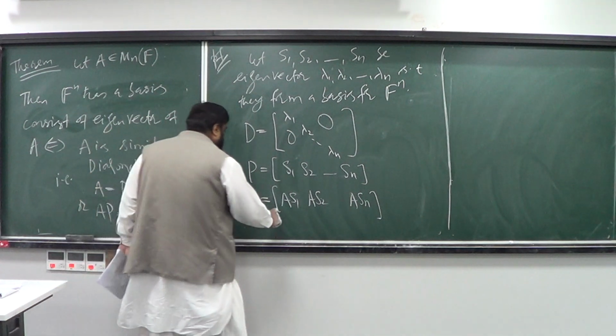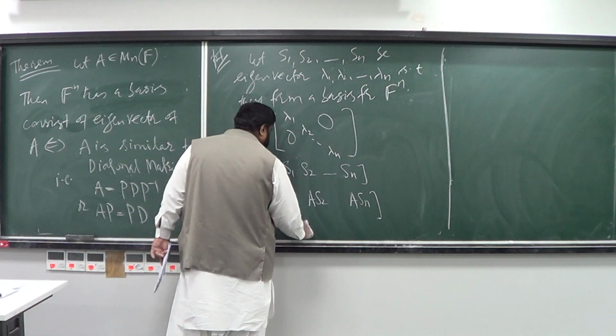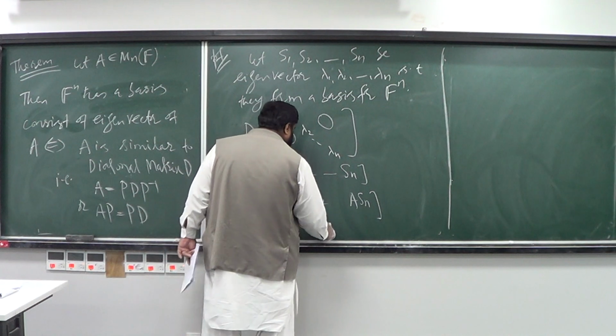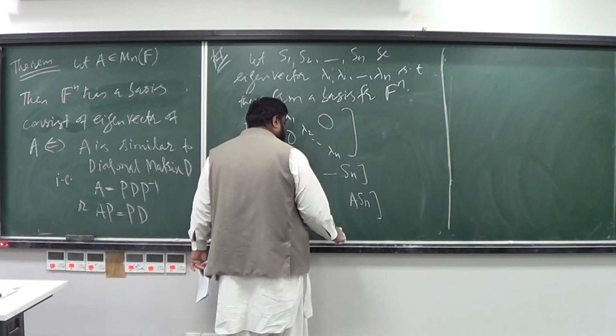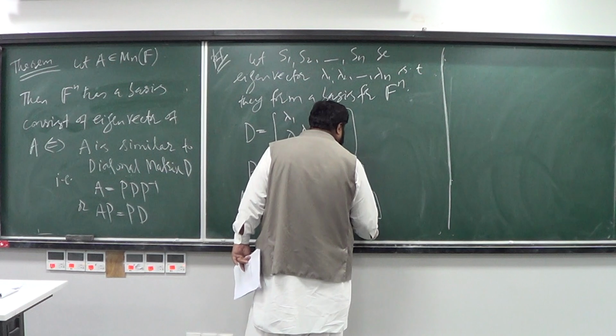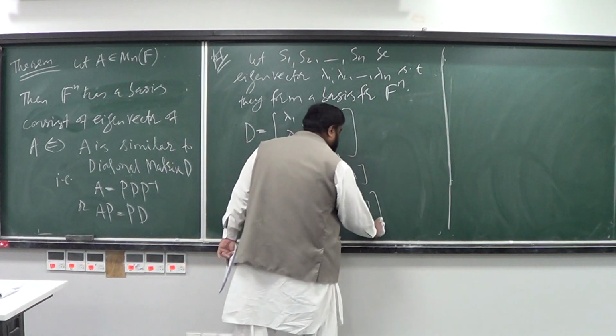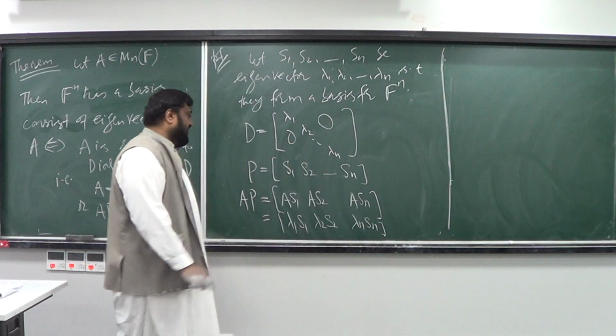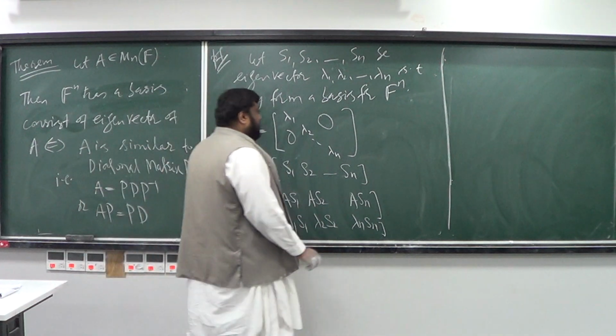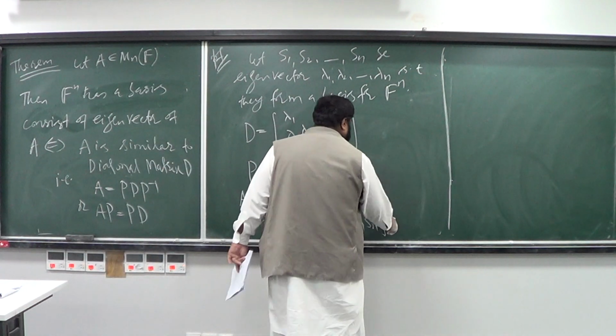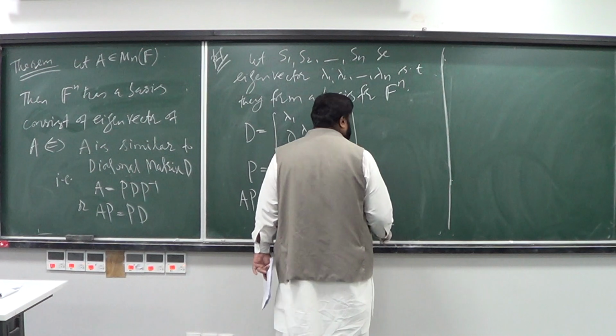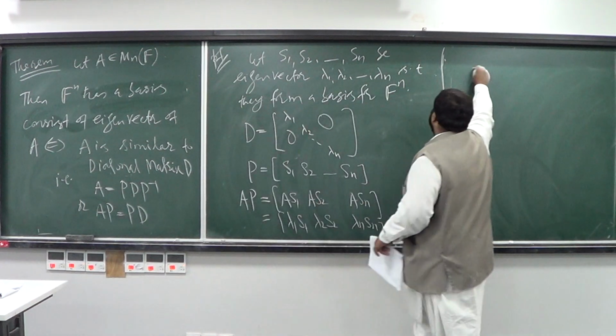So this is going to be lambda 1 S1, lambda 2 S2, and lambda n Sn. This is what you're going to get, and you can write this vector explicitly as follows.